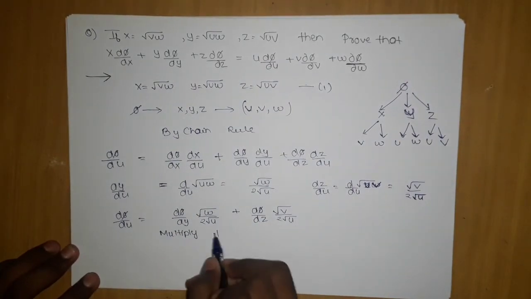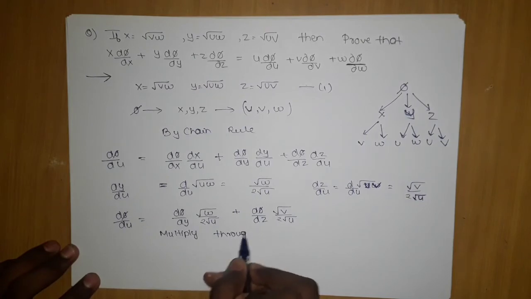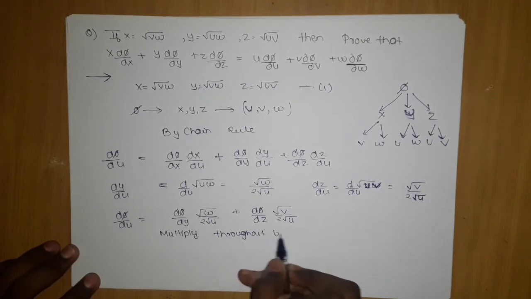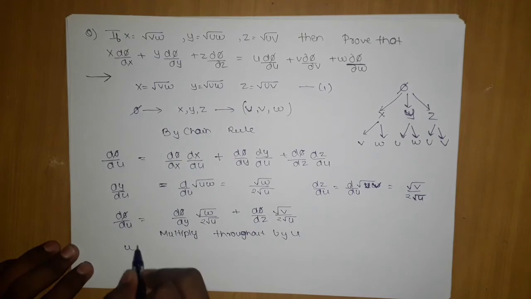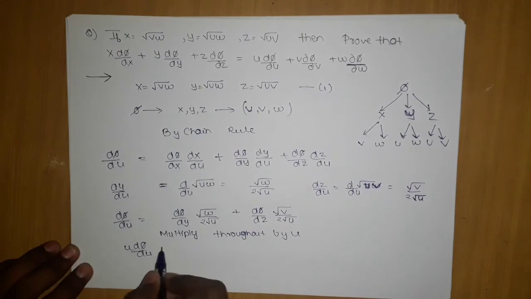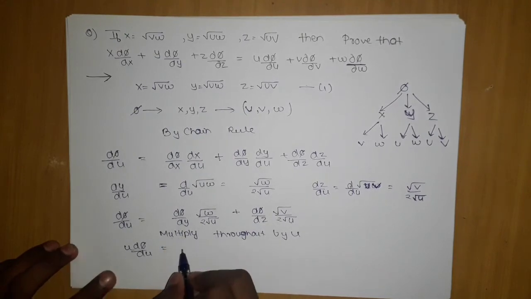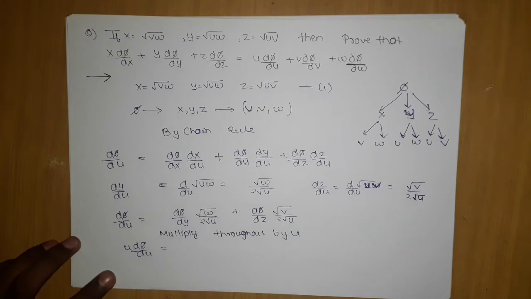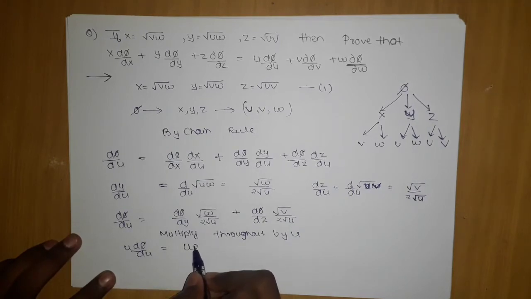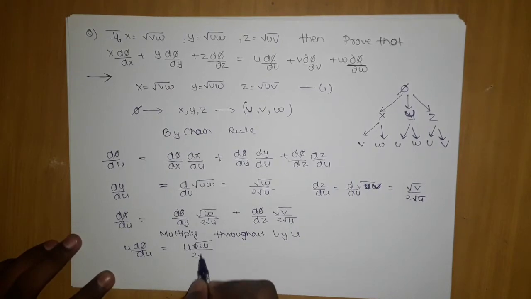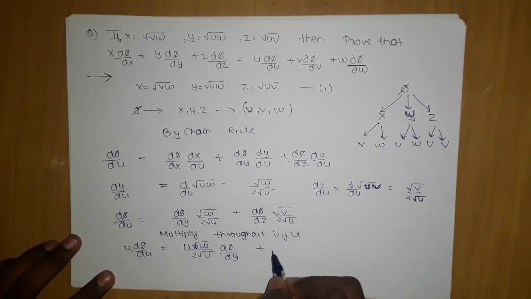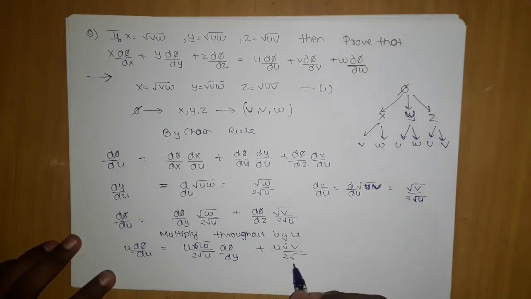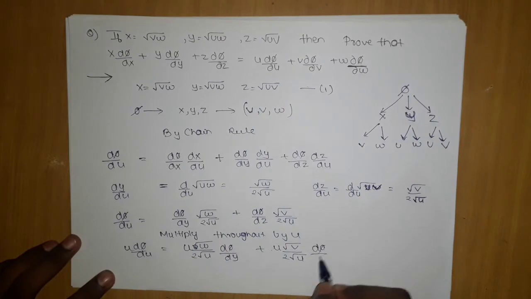Multiply throughout by u. If you multiply, you will get u dou phi by dou u equals u under root w by twice under root u into dou phi by dou y, and here u under root v by twice under root u into dou phi by dou z.